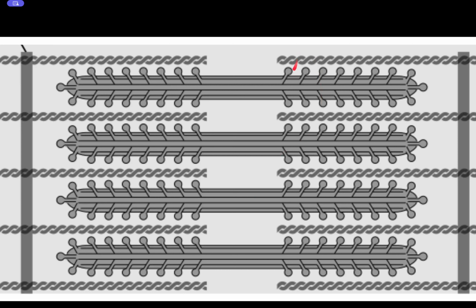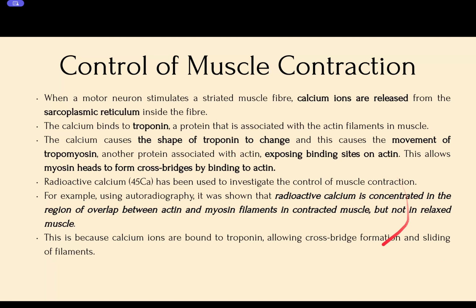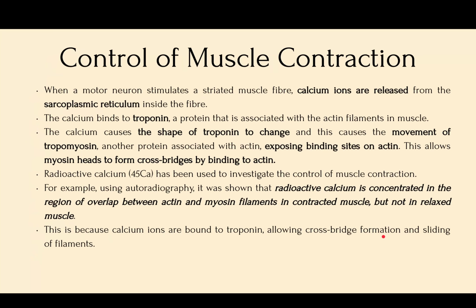So this region, up until here, is concentrated in calcium-45, but this region is not, because calcium-45 is required for the control of this process but is not required in the relaxed area. This is because calcium ions are bound to troponin, allowing cross bridge formation and sliding of filaments.